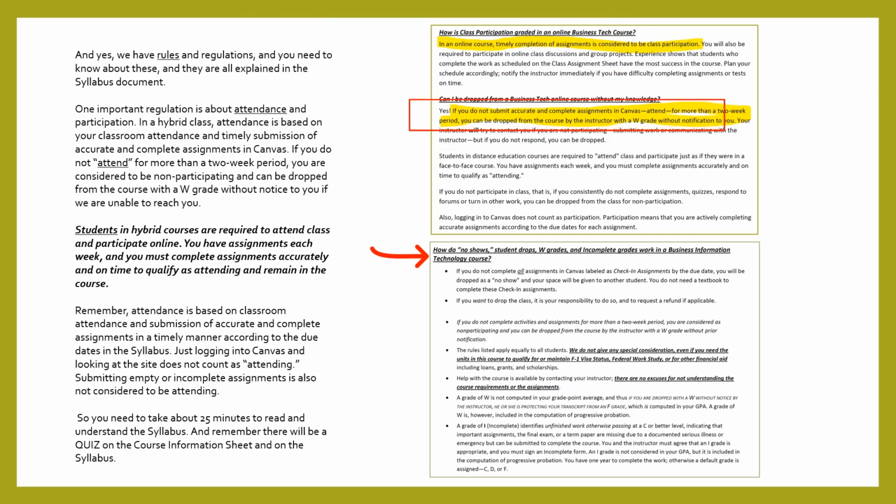Students in hybrid courses are required to attend class and participate online. You have assignments each week, and you must complete assignments accurately and on time to qualify as attending and remain in the course. Remember, attendance is based on classroom attendance and submission of accurate and complete assignments in a timely manner according to the due dates in the syllabus.